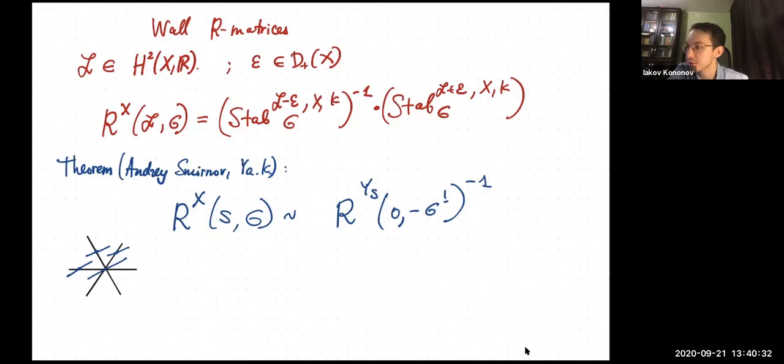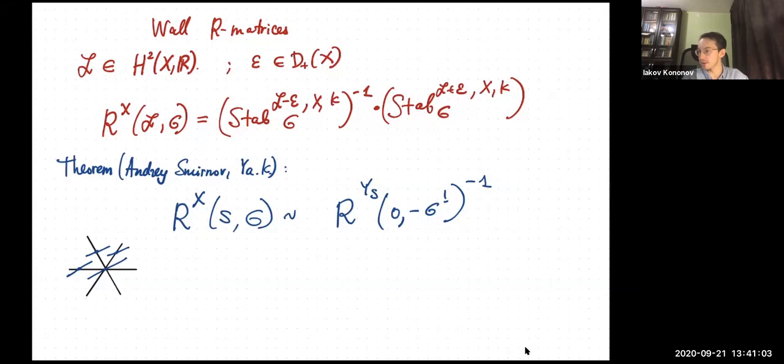Okay, and what does this construction allow us to do? So we have so-called wall R-matrices. That is, if we consider epsilon to be infinitesimal shift in the ample direction, then we can take arbitrary element on a wall and consider the relation between K-theoretic stable envelopes of slope L minus epsilon and L plus epsilon.